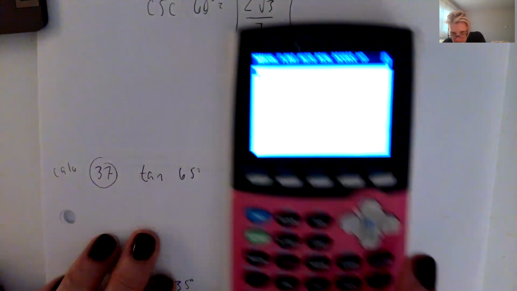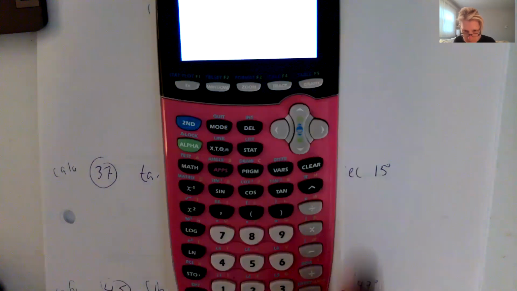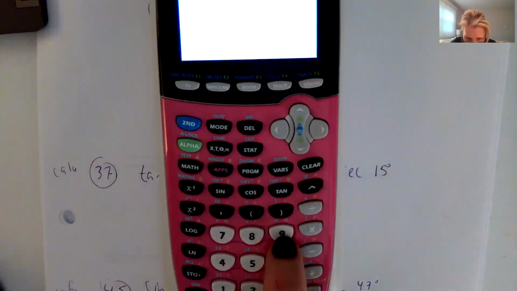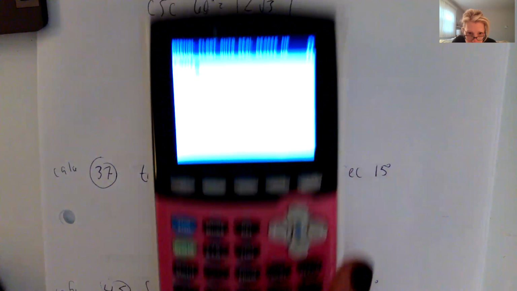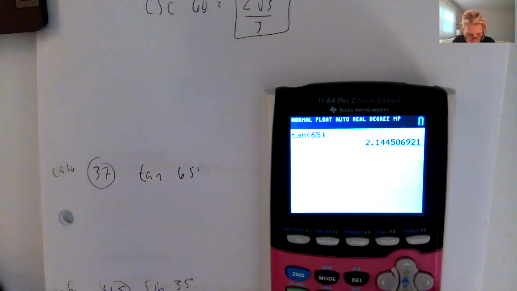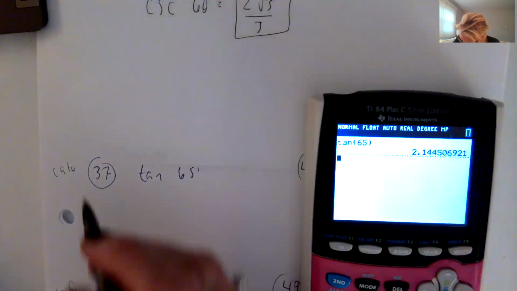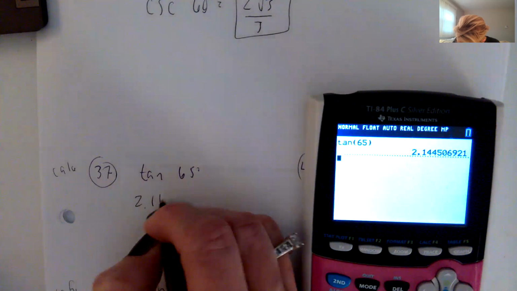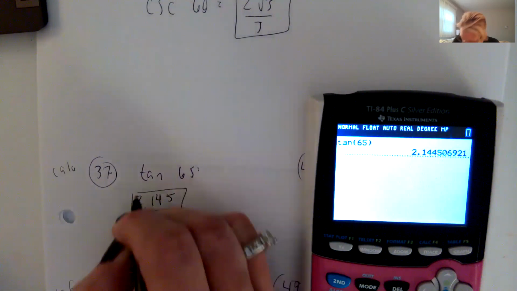So we're going to hit our tangent button, which is above your 9, and then we're going to put in 65 degrees in parentheses, and it's going to give us 2.144. We should round that to 2.145.